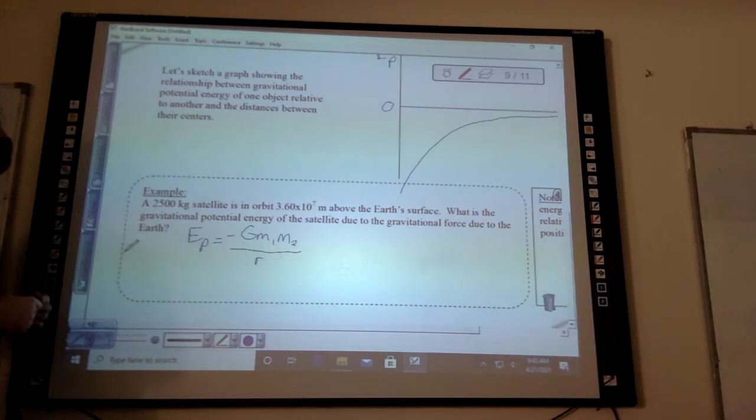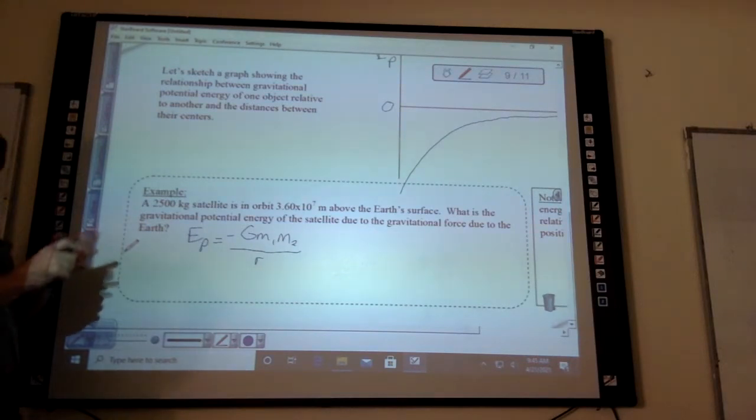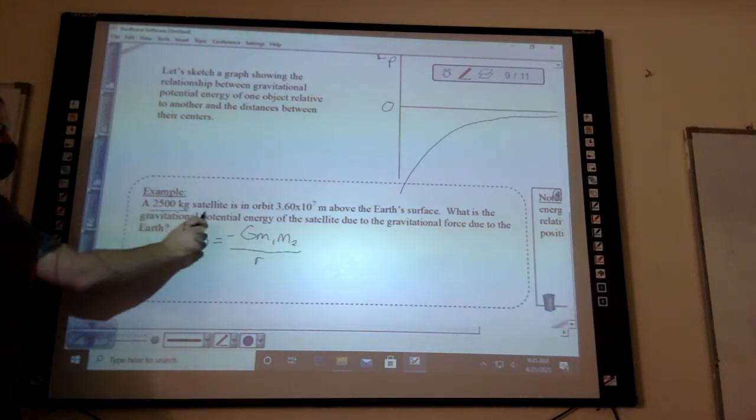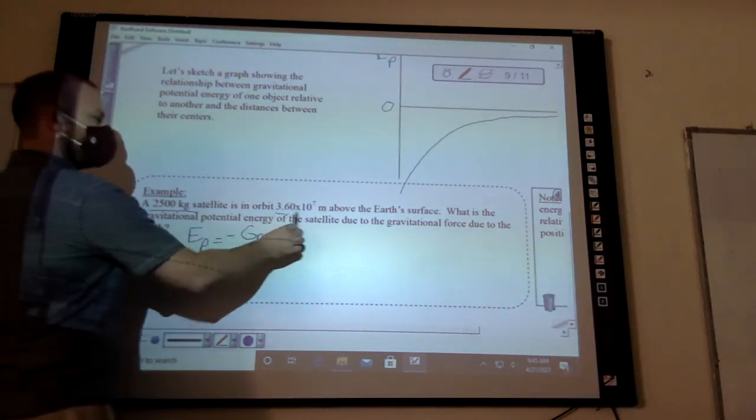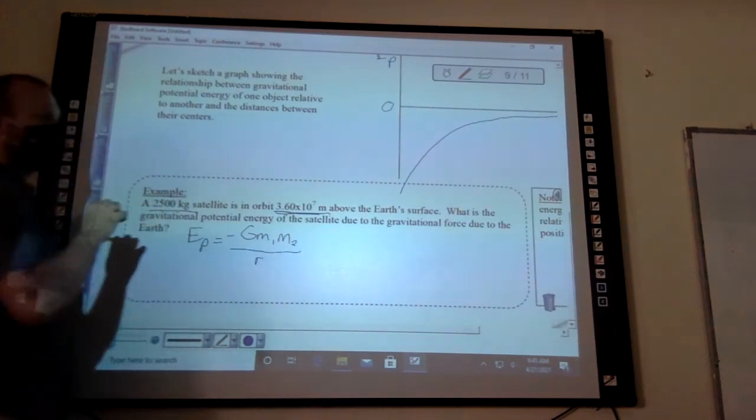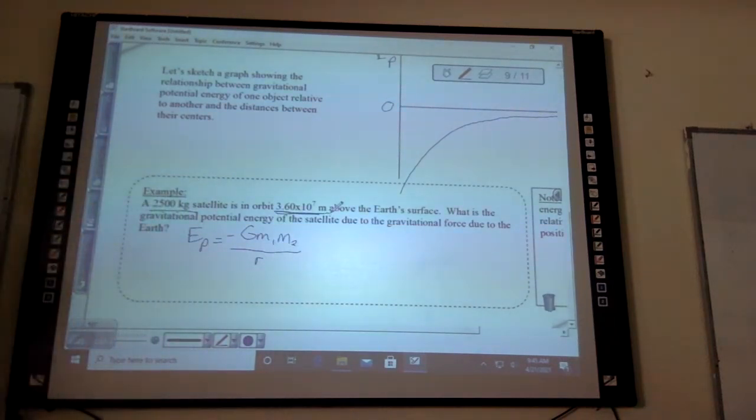So with this, we know capital G, that's a constant. We know the two masses, one is the Earth, one is the satellite. The R value is not this. How come? This is not our R value.